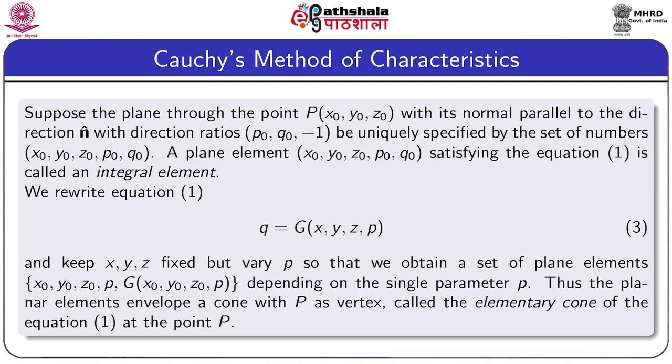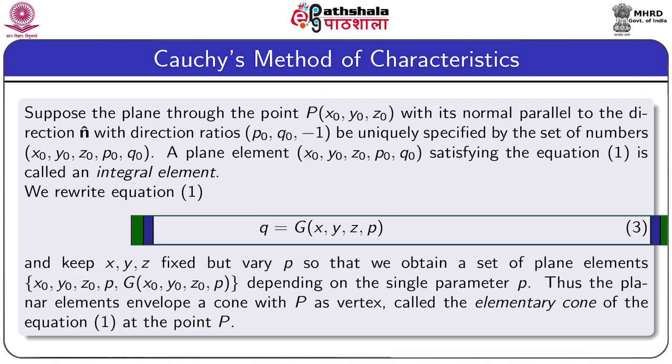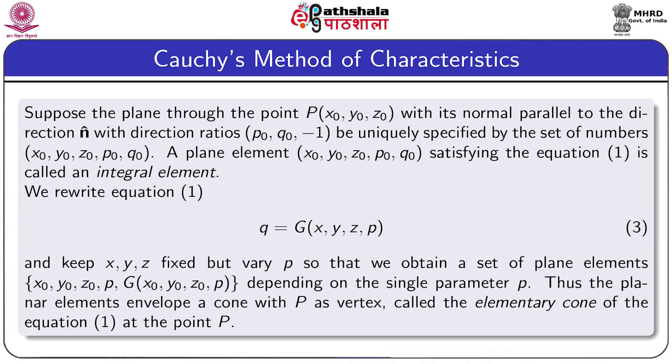Then the plane element is called the integral element. In equation 1 we have capital F of x, y, z, p, q equals 0, and from that equation we can obtain the value of q as some function of p, which is written in equation 3, and suppose that function is g.